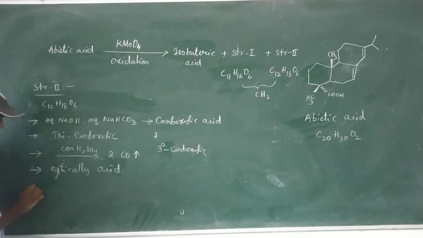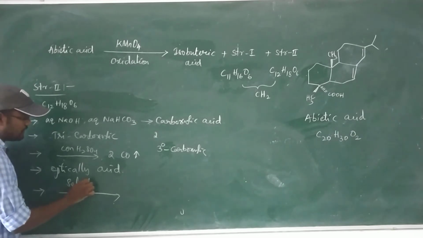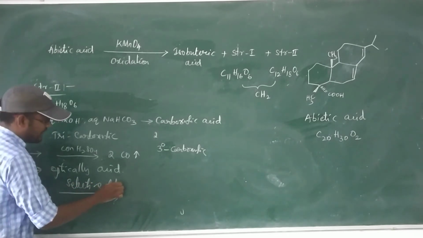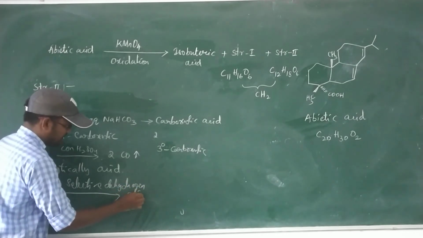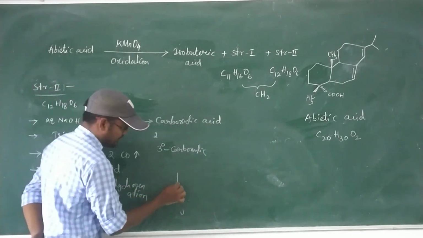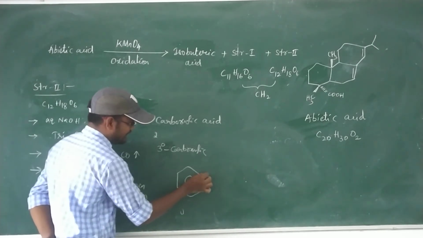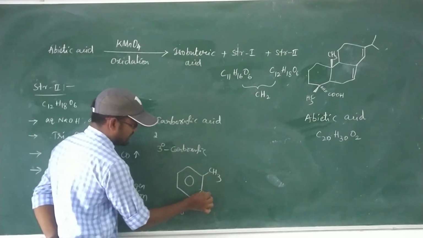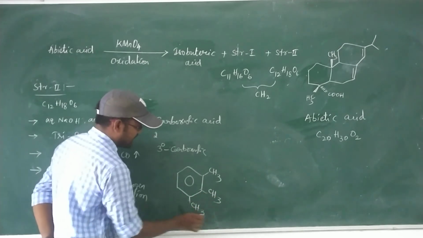When structure 2 undergoes selective dehydrogenation, it gives hemimellitene. Hemimellitene is a trimethylbenzene, with CH3 groups.